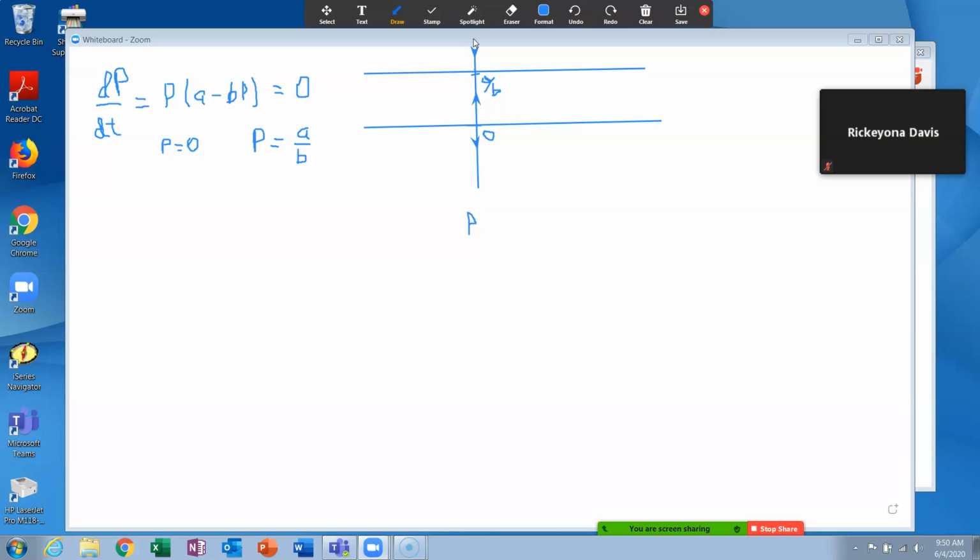Okay? And these, remember, is your p-axis. So when P is negative, then this says, right off the top, that has to be going downhill.